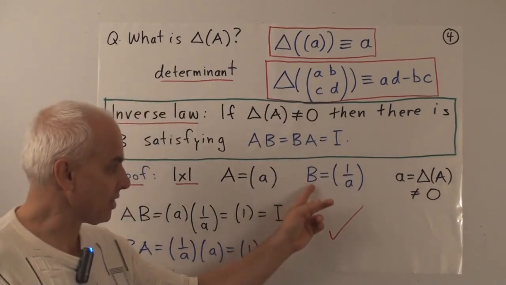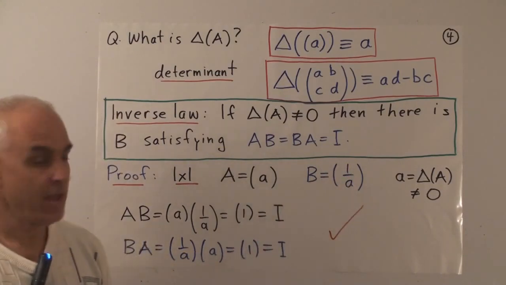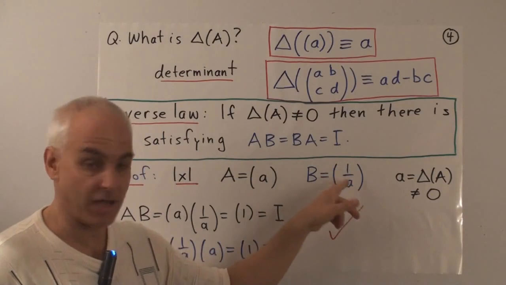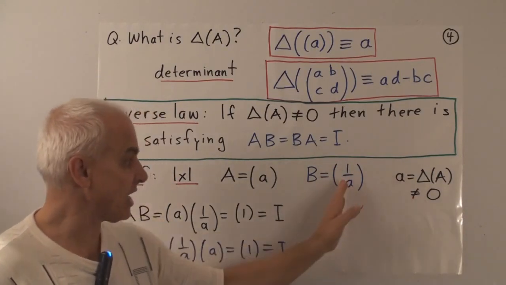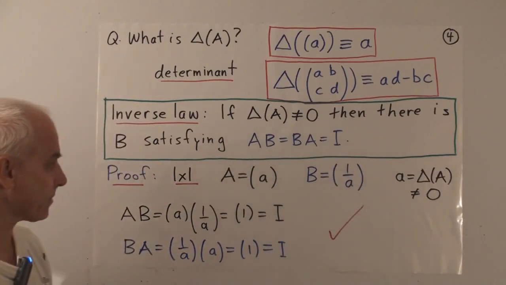In that case, let's look at the matrix B, whose entry is 1 over A. Now when you take 1 over something, you have to be careful that the denominator is not 0. So our assumption is just guaranteeing that 1 over A is defined.